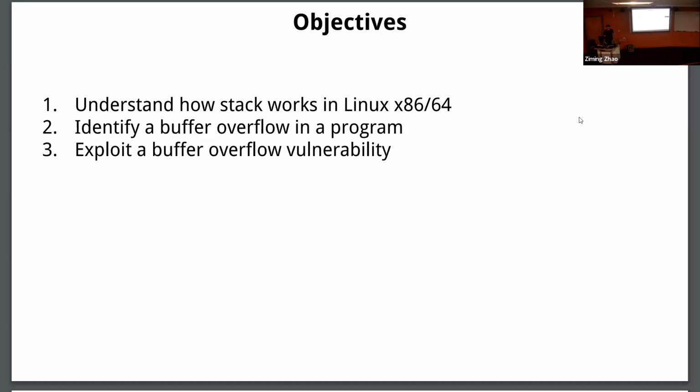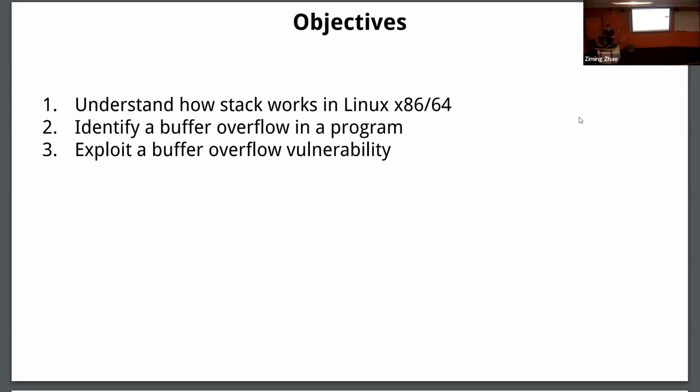So the objectives are: after this class, you should be able to understand how the stack works in Linux, Unix, and also Mac and Windows, especially on x86, 32-bit or 64-bit systems. Given a piece of C code, you should be able to identify some obvious buffer overflows.